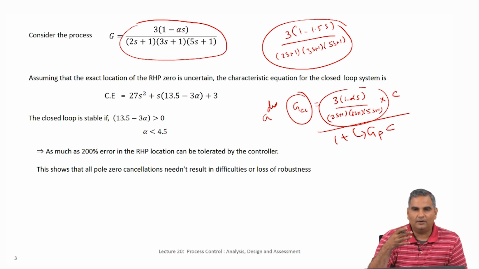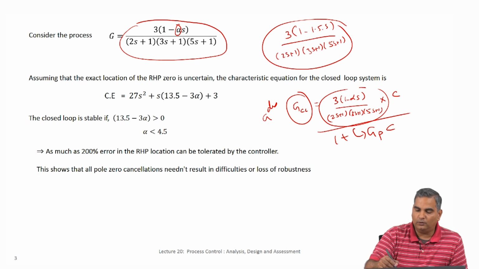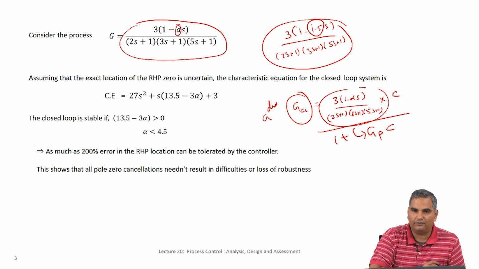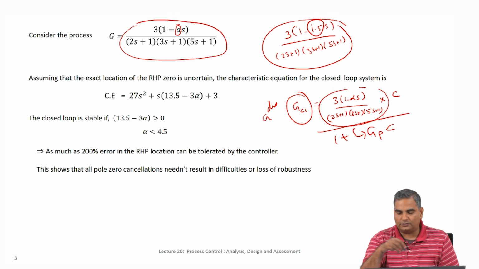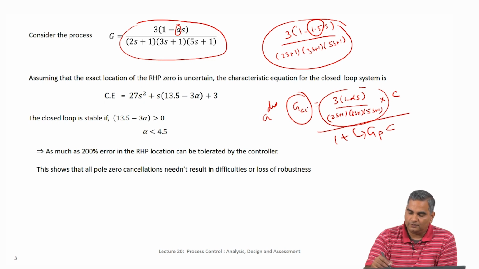Okay. So, basically what we are seeing here is what is the amount of uncertainty that I can tolerate in this alpha, how different can it be from this 1.5 while I still maintain stability, is the question that I am going to ask. Of course, we have already said that because this G closed loop uses this GP, it is not going to be equal to G desired.